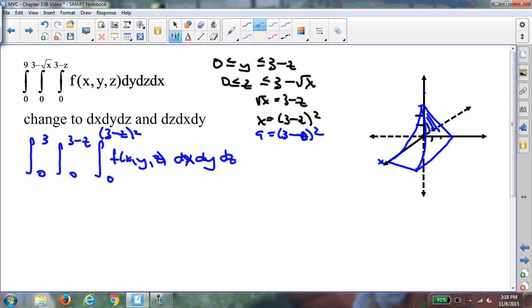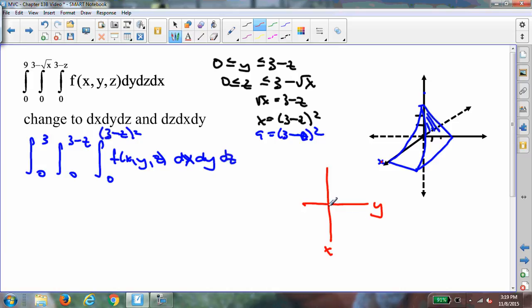Now if I do it dz, dx, dy, it actually looks a little bit different. If we stare straight down the z-axis, you're actually going to see two different curves. Let's say this is my positive x right here, and this is my positive y.